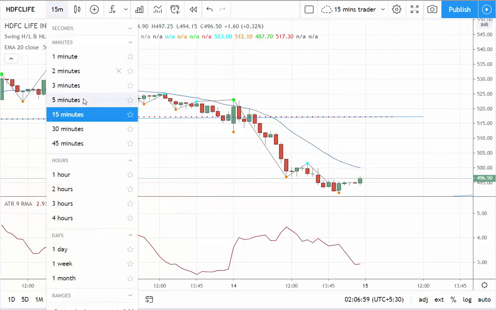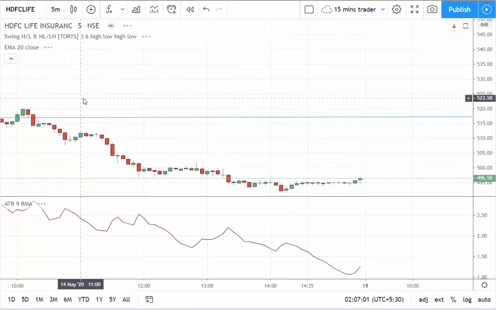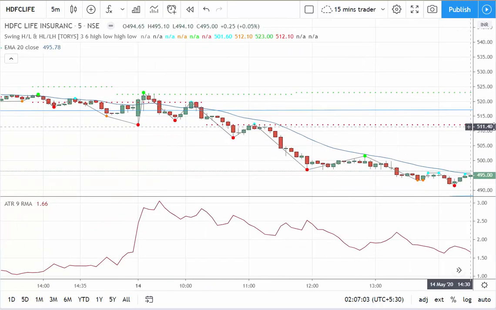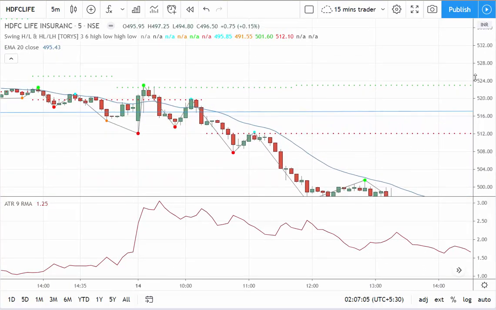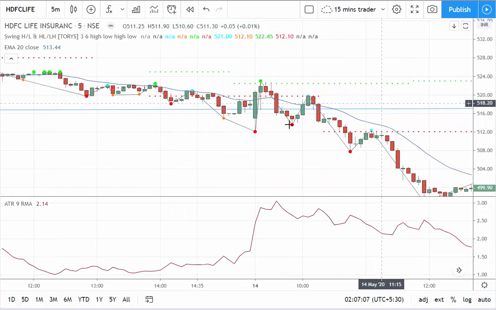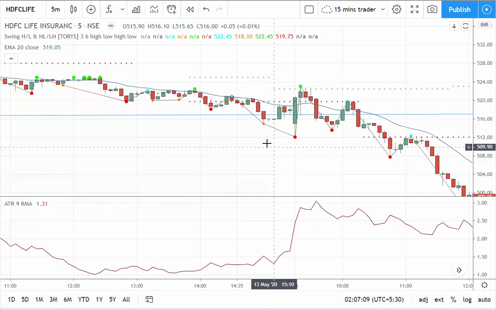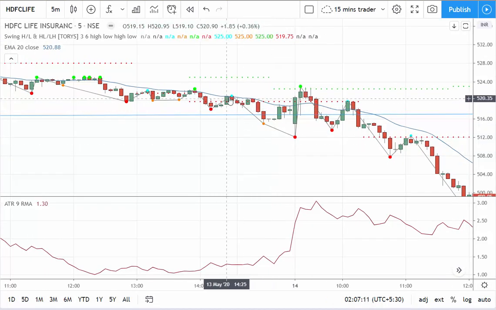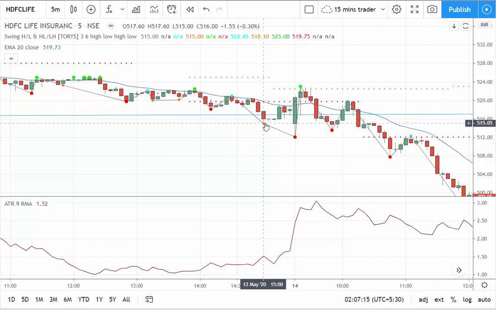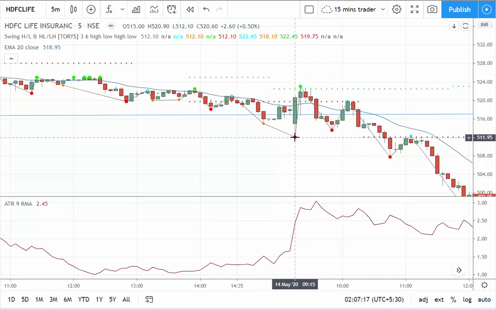The other way you can do it is to switch to the 5 minutes chart. In the 5 minute chart, you can see the stock was moving down yesterday. Today morning it opened at a lower price.